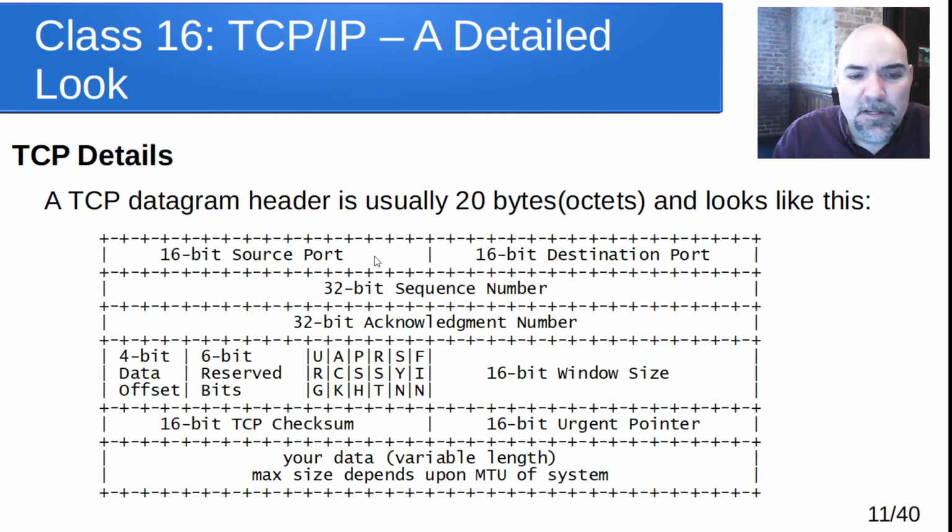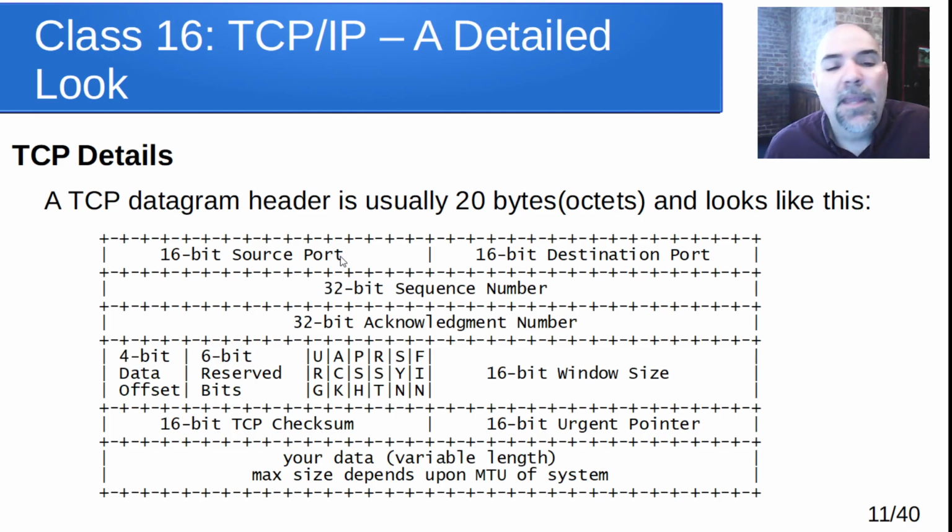And notice the port numbers are 16 bits, so each computer system could have up to 65,536 port numbers available. Although some port numbers are reserved for certain applications that are probably already using them.